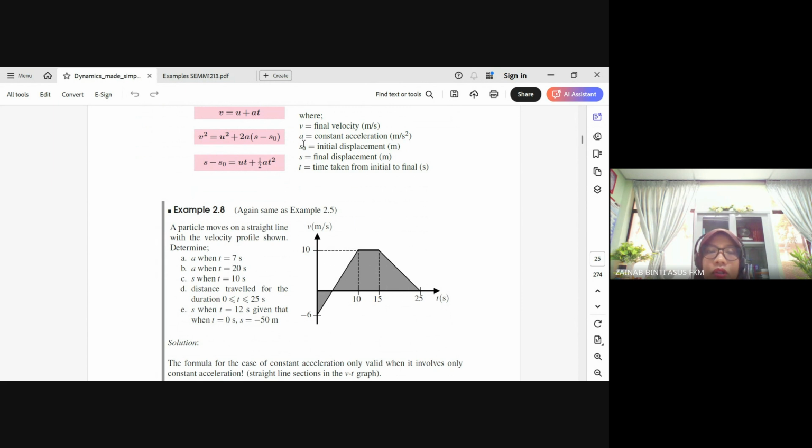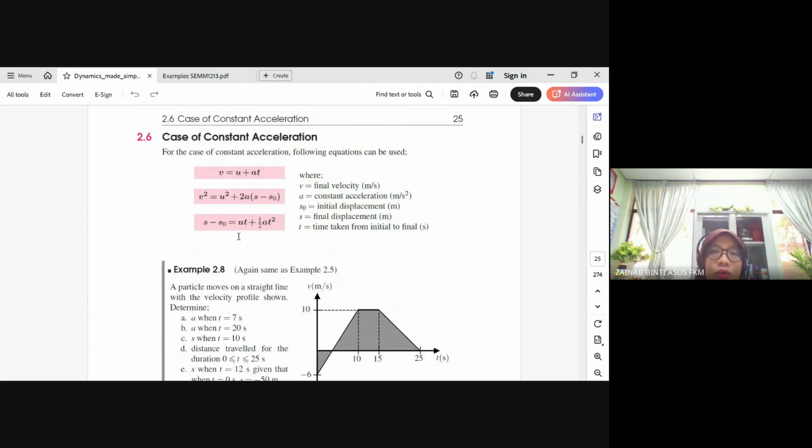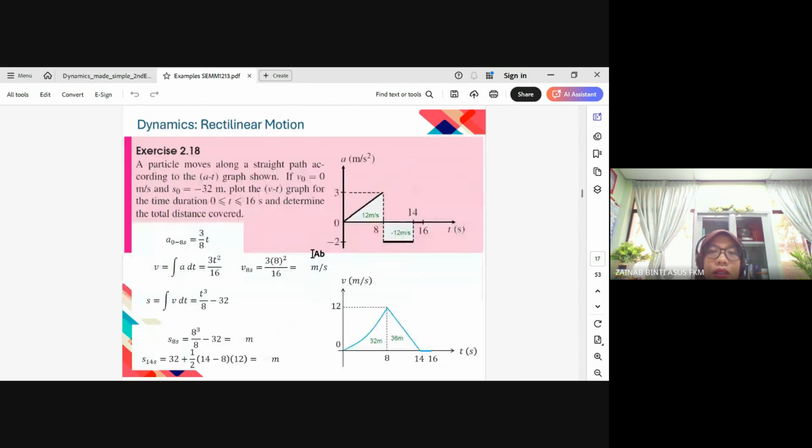But you cannot use these equations if you have something like this, where the acceleration is not constant. You can use it for the 8 to 14 seconds, but you cannot use it from 1 to 2 seconds here, because the acceleration is not constant.